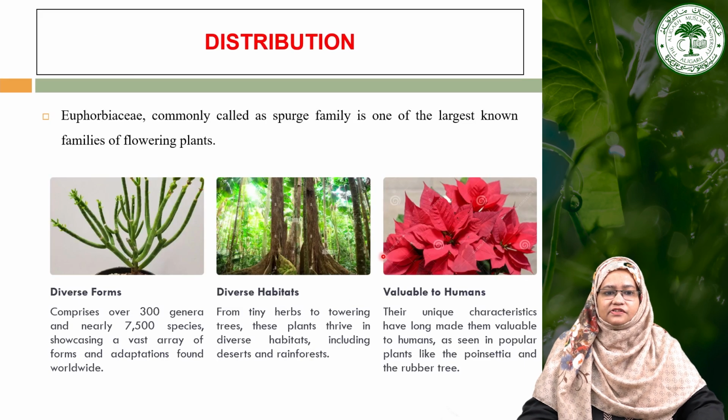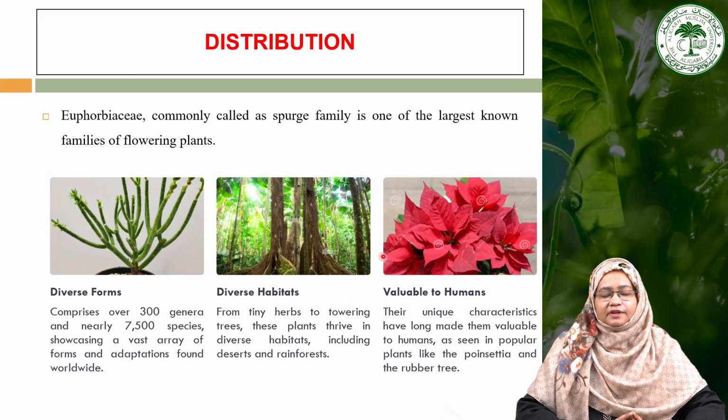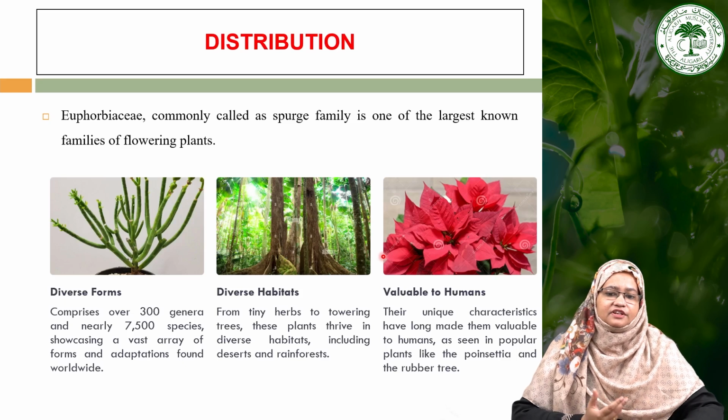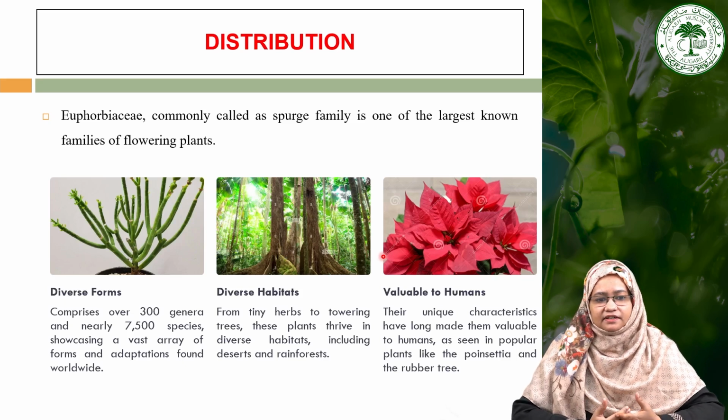Now moving towards the distribution of this family. Euphorbiaceae, which is also commonly called the Spurge family, is one of the largest known families of the dicots, because it has very diverse forms and habitats. This family has adapted to every habitat condition.